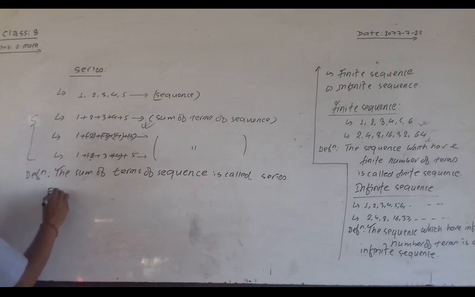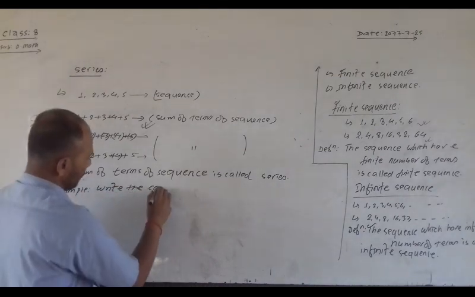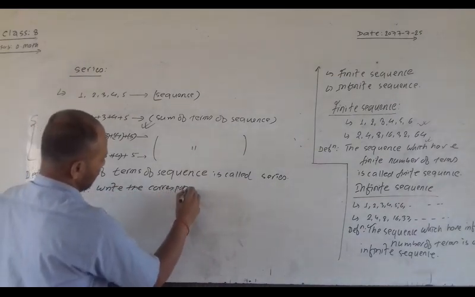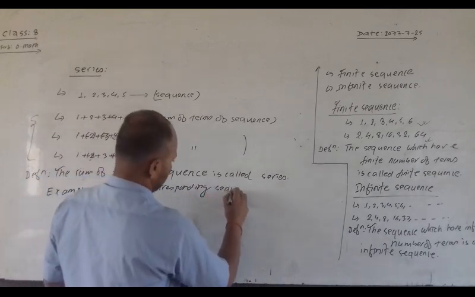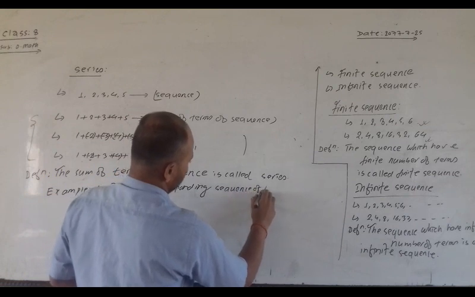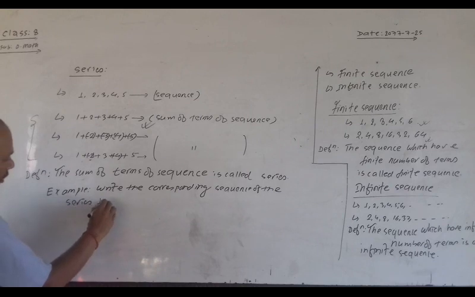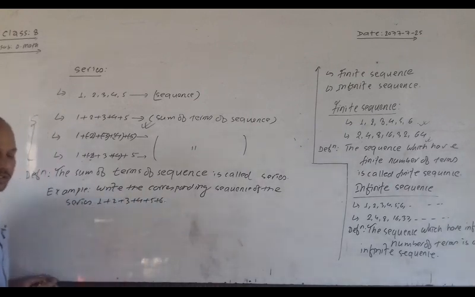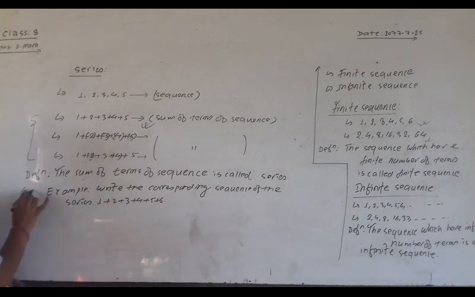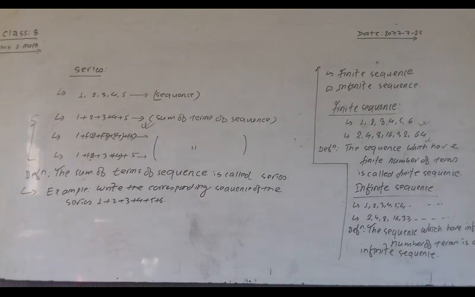Again, see here an example. Write the corresponding sequence of 1 plus 2 plus 3 plus 4 plus 5 plus 6. Now see my dear students, if such types of question are asked in the examination in group A, how do you write the answer?